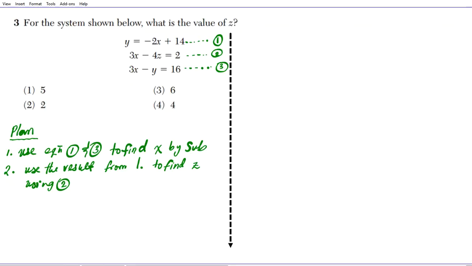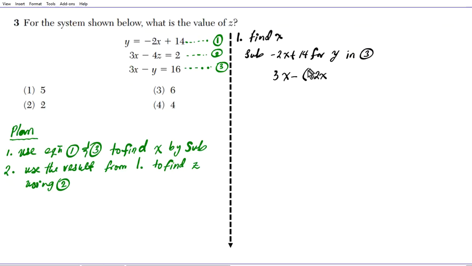Alright, so part 1 of the entire process is looking for x. So let's find x. To do that, we're going to substitute negative 2x plus 14 for y in equation 3. Okay, so we're going to have 3x minus. Now be extremely careful when you're substituting after a minus because the negativity causes signs to flip.